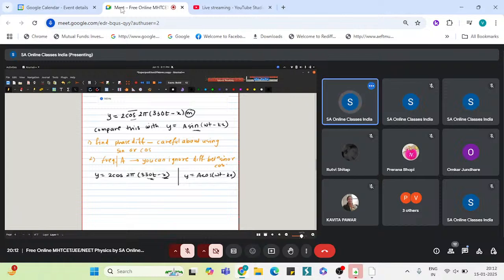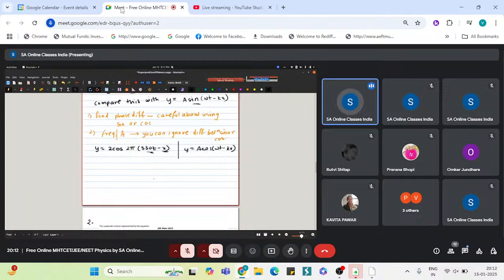But you need to also see this factor and decide where it goes. Because here we have cos of something, but they have taken this 2 pi factor common, and it might confuse you, or just by oversight you might say 330 is omega.